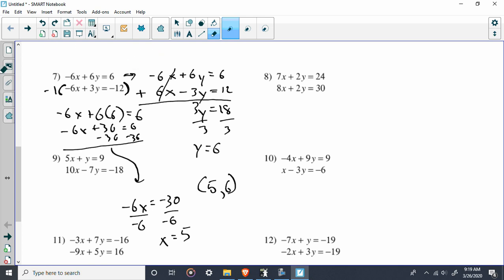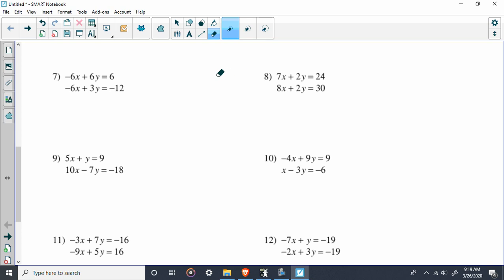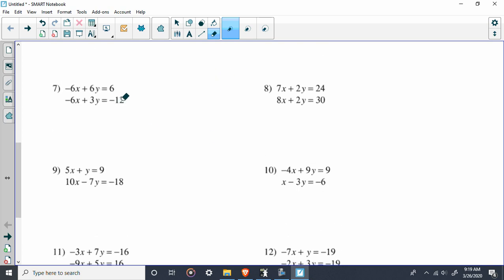The problem is it's not always going to be -1 that we're multiplying by. So what we need to look at today is choosing the best number to multiply by. Now this one, because we had -6 and -6, if we had multiplied either one of these by -1, say I multiply this first one by -1, I just flip all the signs, right? And this becomes positive and it would work.